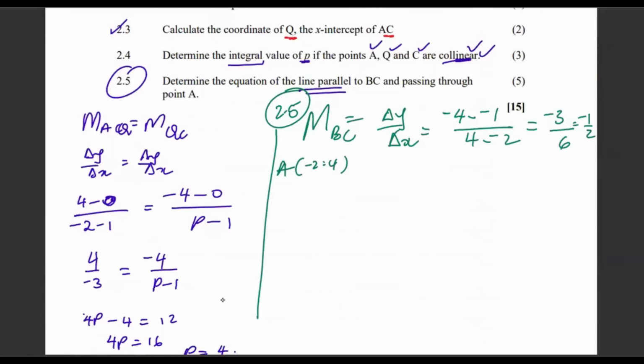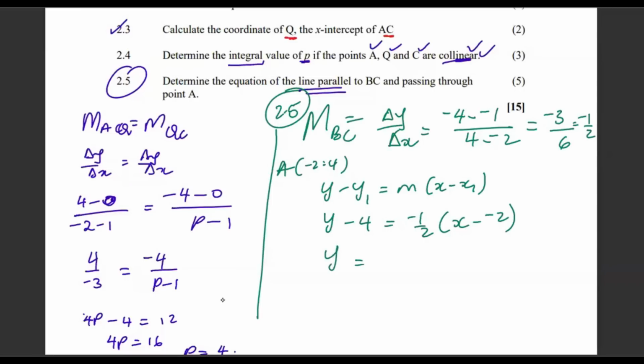Okay. And then I'll say that y minus y1 is equal to m into x minus x1. So I'm going to say y minus 4 is equal to negative a half into x minus minus 2. Let's open this up. It's going to be negative a half x minus 1 plus 4, meaning that it's negative a half of x plus 3.